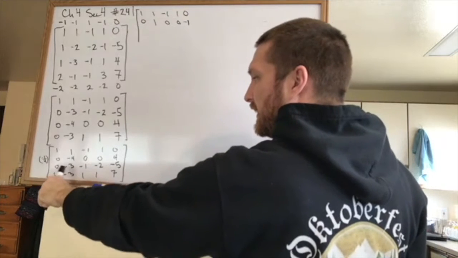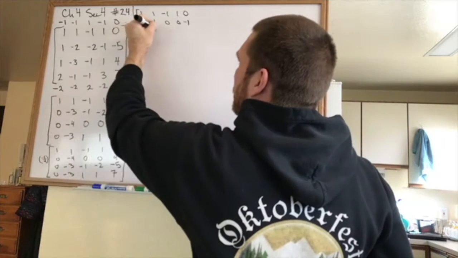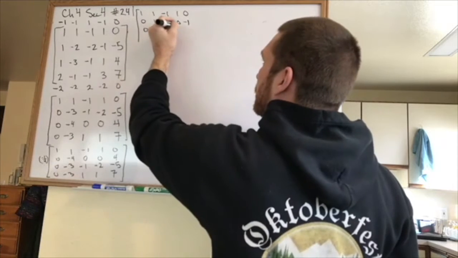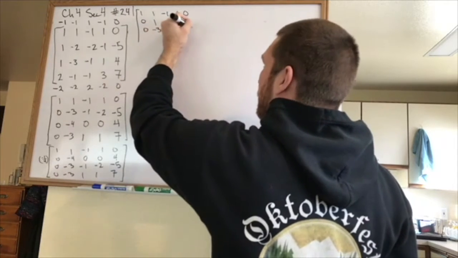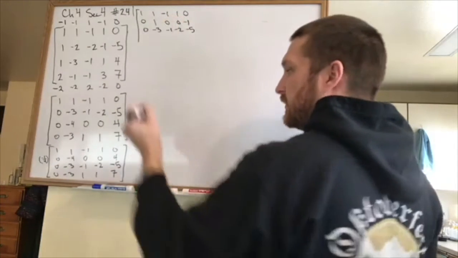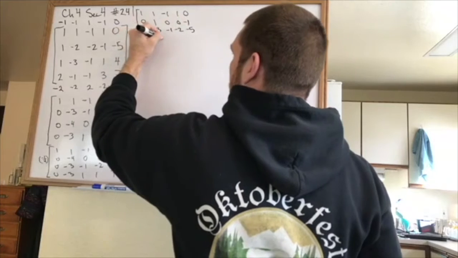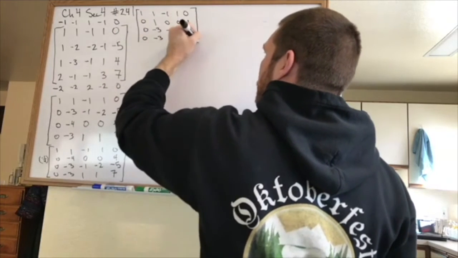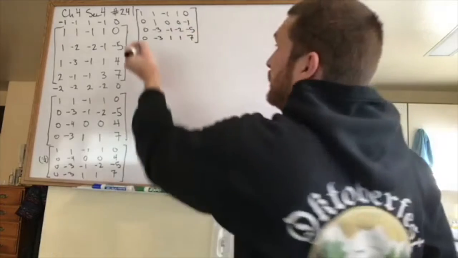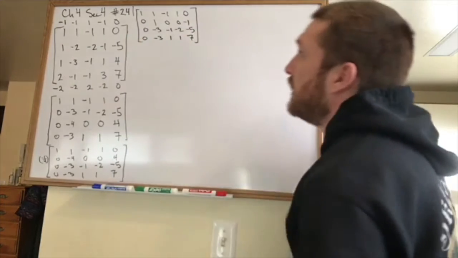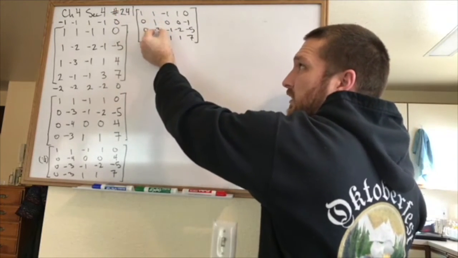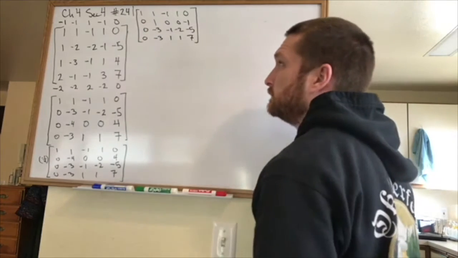Okay. 0, -3, -1, -2, -5. 0, -3, 1, 1, 7. Okay. Now, so I have my column of zeros. I have a leading one.